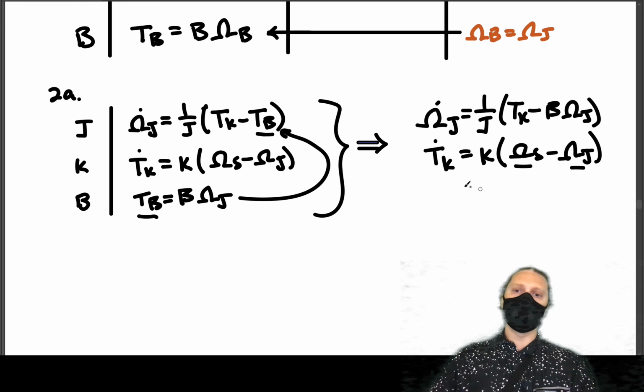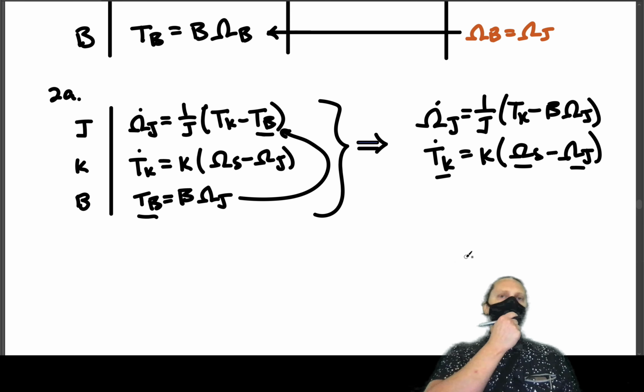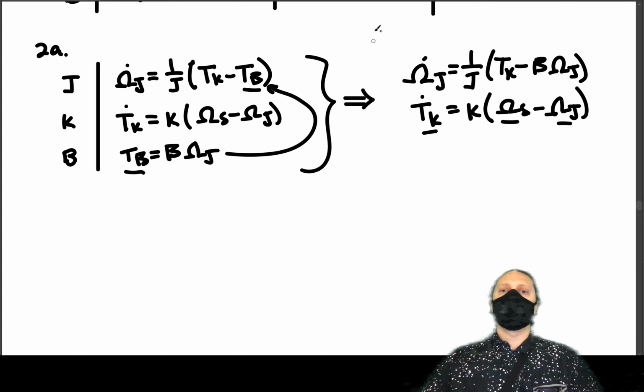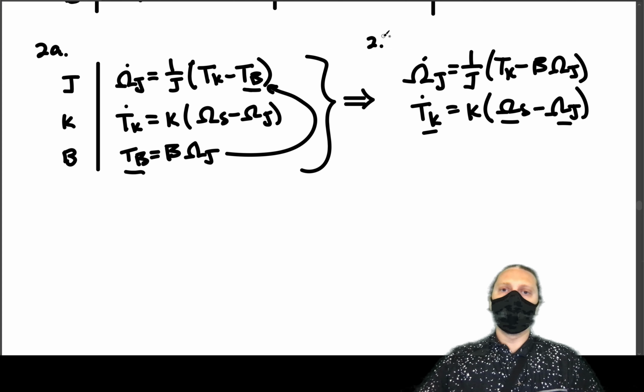Input, state variable, state variable. So these are our state equations. This was actually 2b.